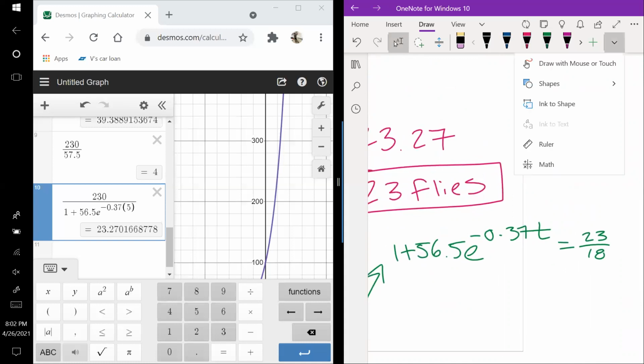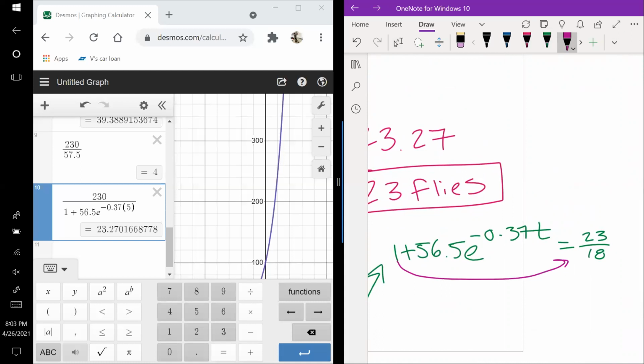Then we subtract that 1 and end up with 56.5 e to the negative 0.37t equal to 23 over 18 minus 1.